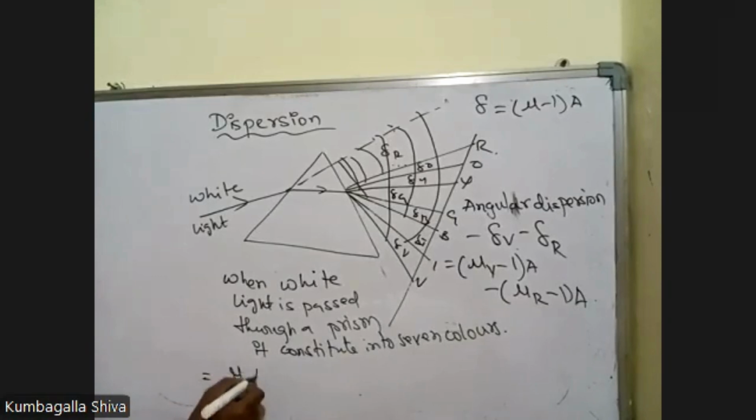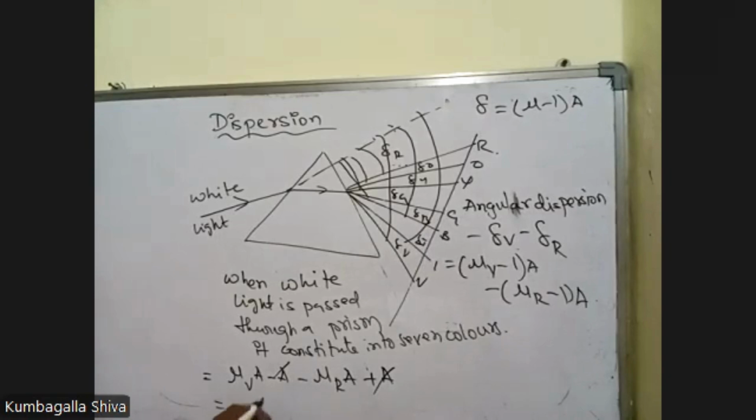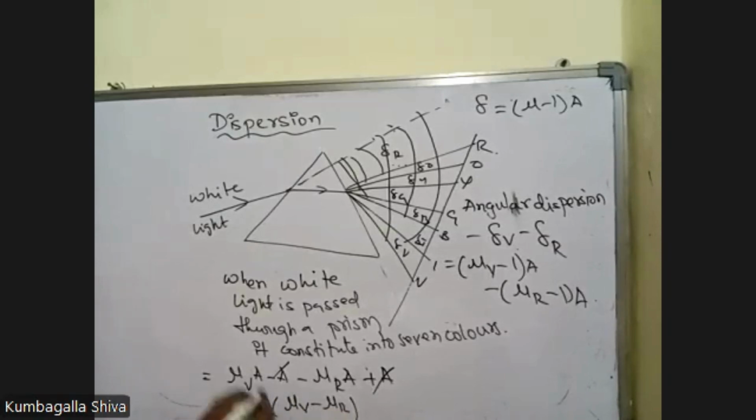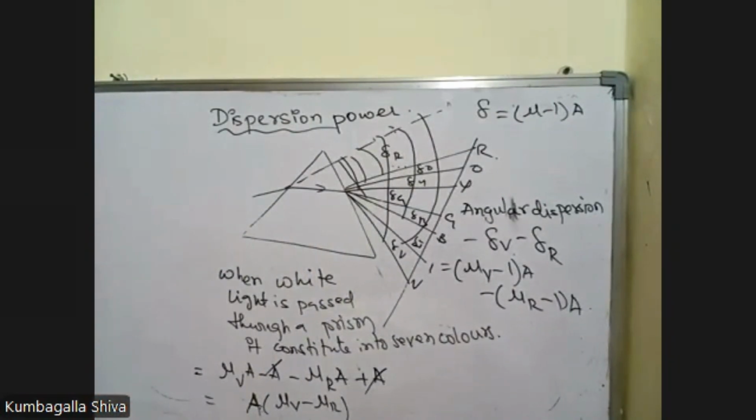Mu V into A minus mu R into A, and the A gets cancelled, you are having A common, A is what, mu V minus mu R, the difference between the two refractive indices, that is maximum refractive index minus minimum refractive index multiplied with the angle of prism.